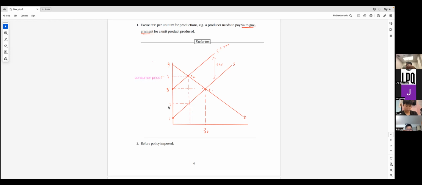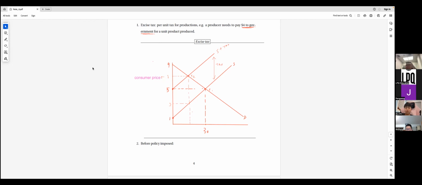But next step, because the government is now collecting tax revenue from this industry, how big is the size of the tax? $4 per unit. That means as a producer, by selling each unit of the product, you can get $7 from a consumer. But can you keep all $7?